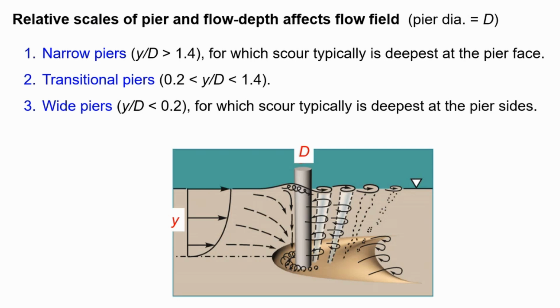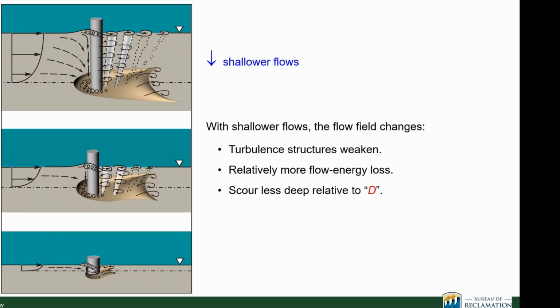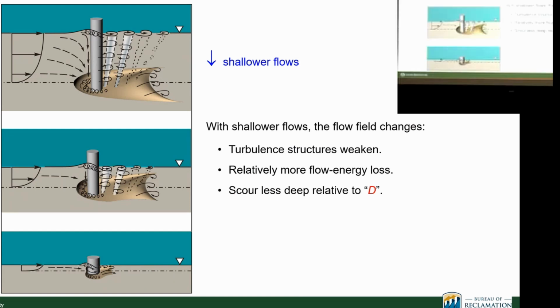Typically, you get the deeper scour for narrow piers, and as you decrease the flow depth, you get more frictional interaction of the energy dissipation of the turbulent structures. So these 3 flow fields illustrate shallowing of flows. We have a deeper flow here. We allow the turbulent structures to develop. There's less energy dissipation. We decrease the flow depth.